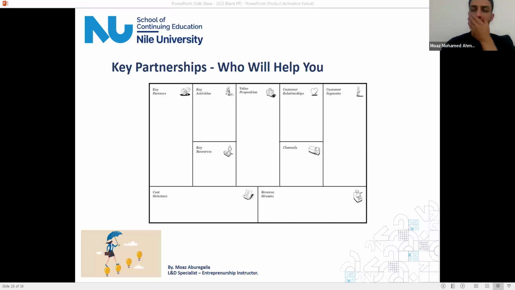Moving forward to the fifth component, which is the key partnerships. Who will help you? While Natasha was talking about the group's project, she mentioned some potential partners.